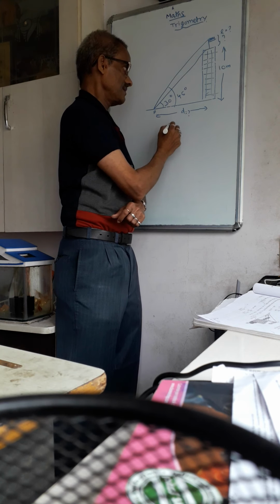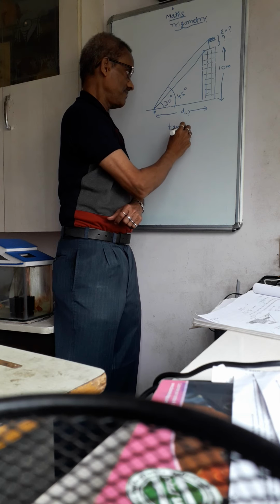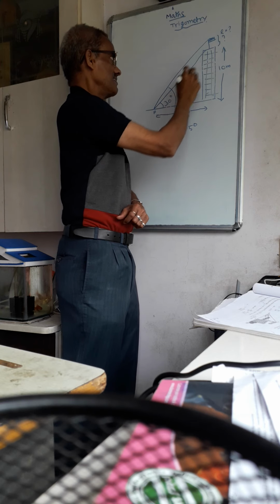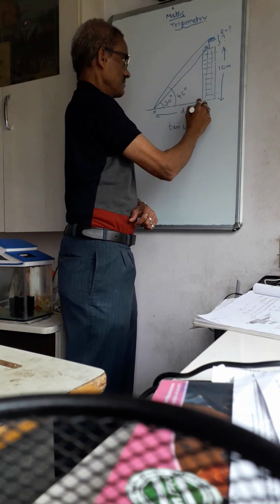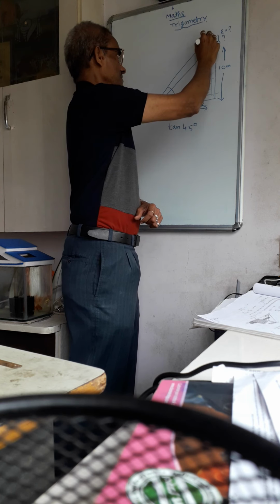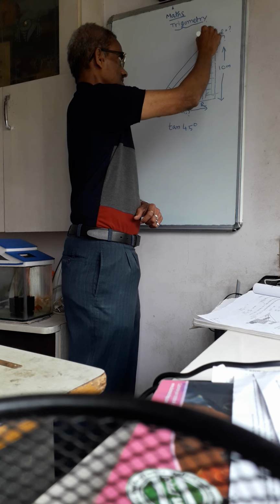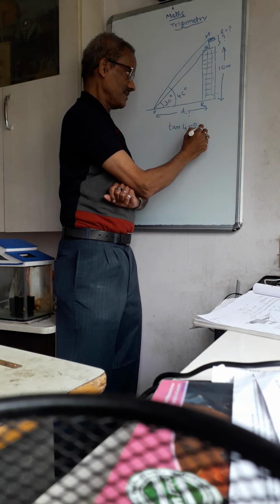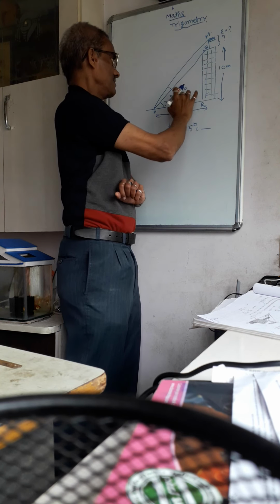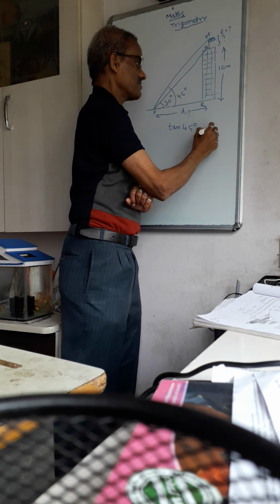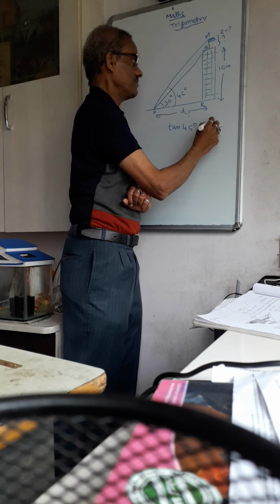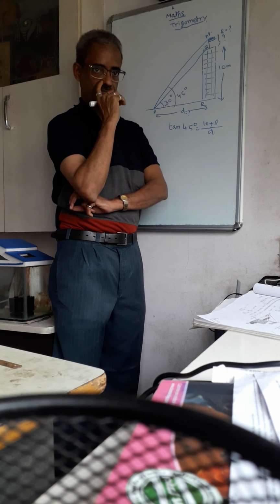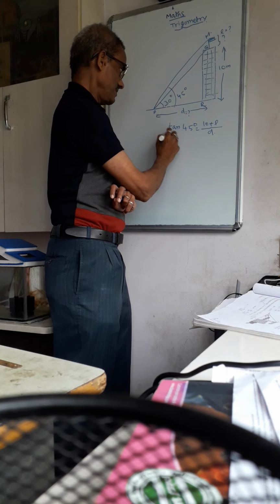Let us name the points: this is P, this is Q, this is R, and this other one is M. Now tan 45 is equal to opposite over adjacent. The opposite is 10 meter plus the flag staff length, so 10 plus L, and the distance we don't know, so we consider it as D. Tan 45 value is 1.